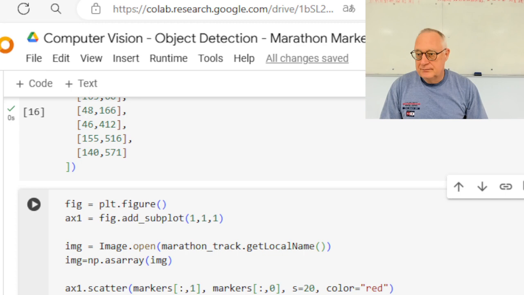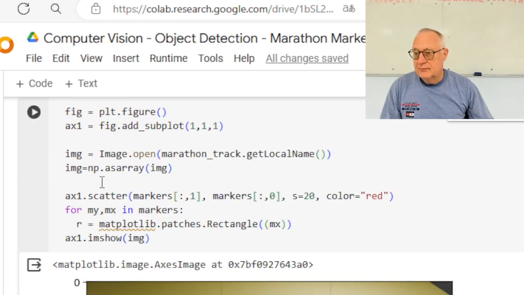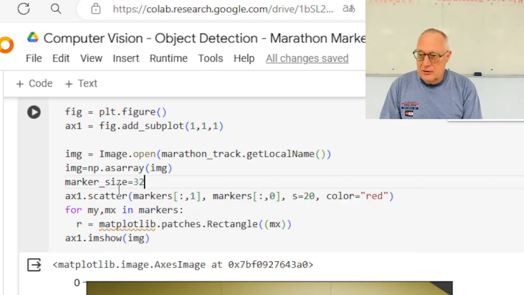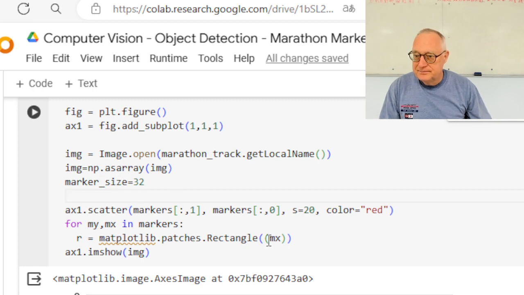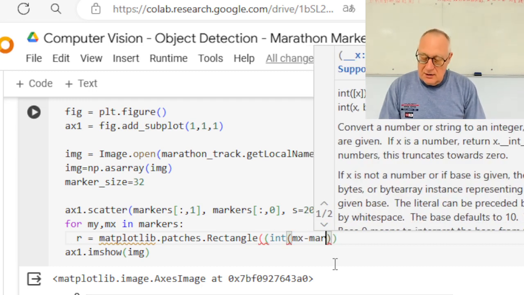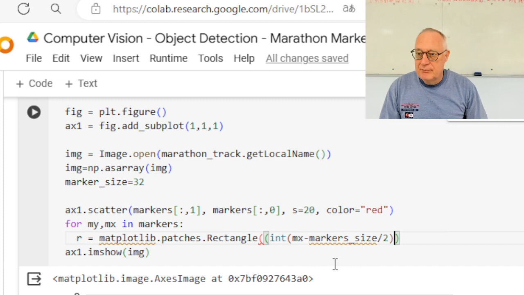Be, and let's try 32 pixels first. Integer mx minus marker size divided by 2.